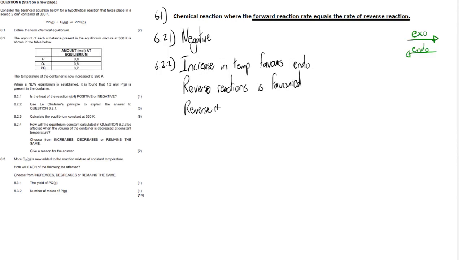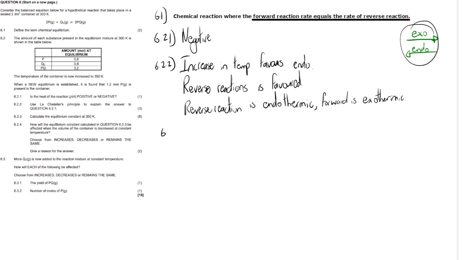So the reverse reaction is endothermic. For completeness, I would maybe actually say then the forward reaction is exothermic, just to make sure. This is standard: if the forward reaction is endo, then the reverse reaction is exo, and vice versa. So that's important. But here are 3 points for 3 marks.